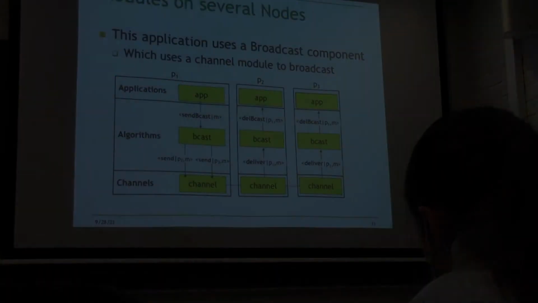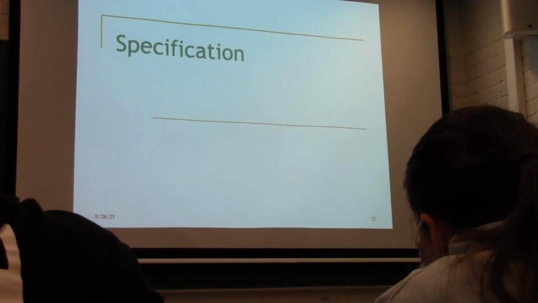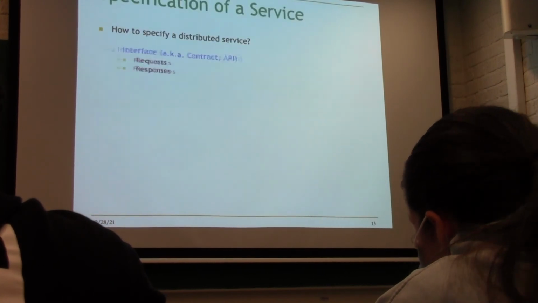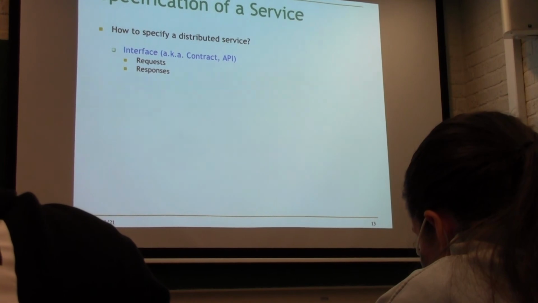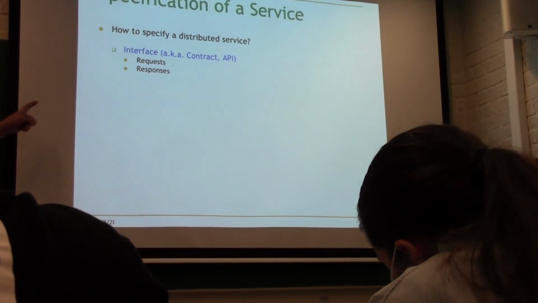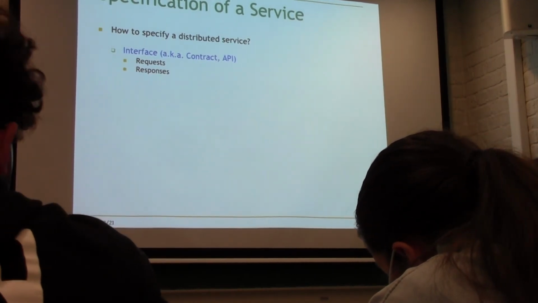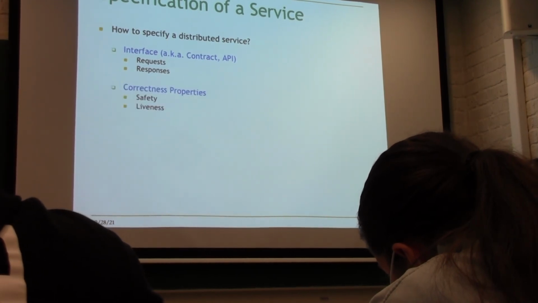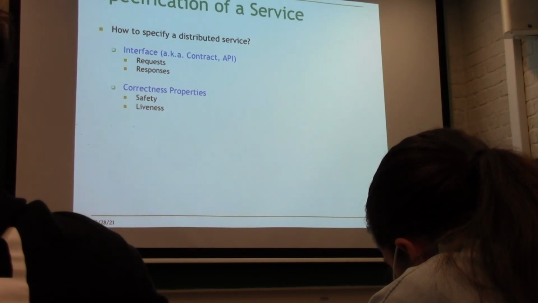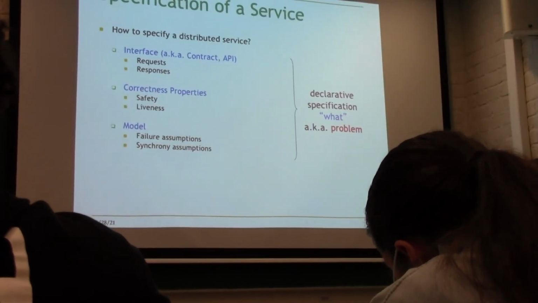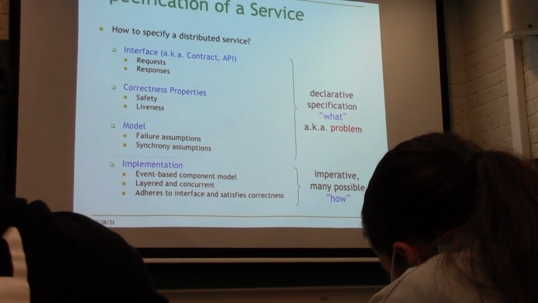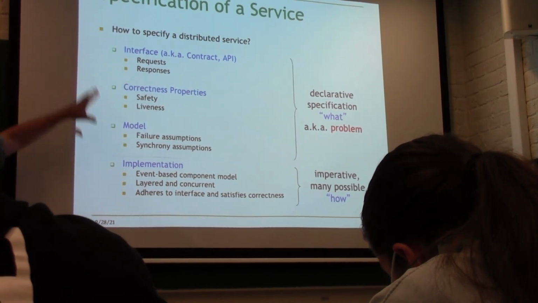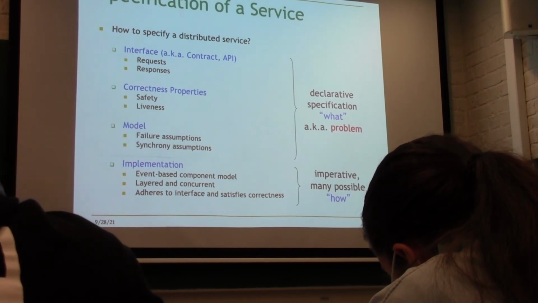Okay? Let me just say a little bit about how the whole specification looks. You have here the requests, the responses. That's the messages going down, coming back up. You have the properties, you have the model, and then you have the implementation. So this is how we specify algorithms.